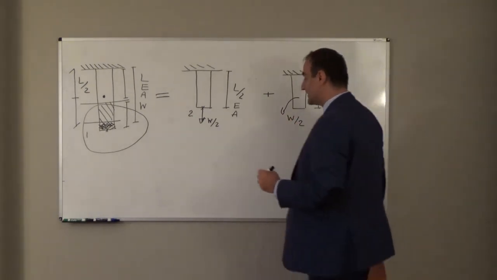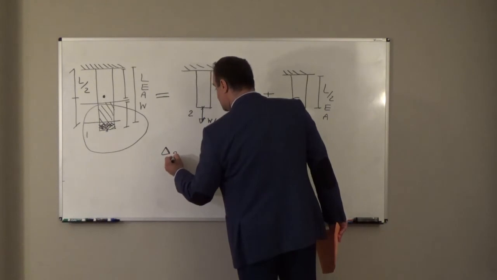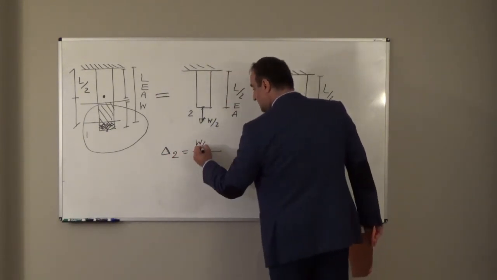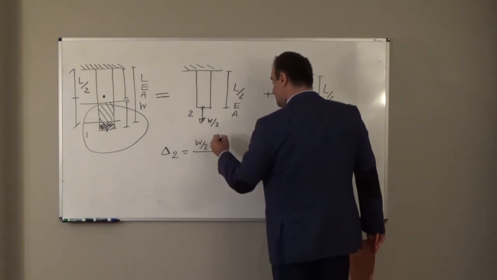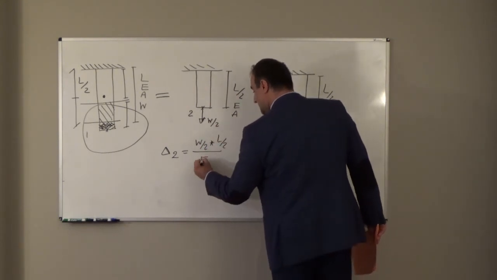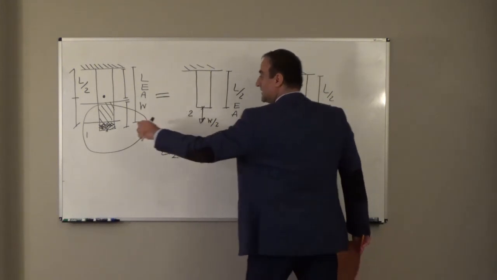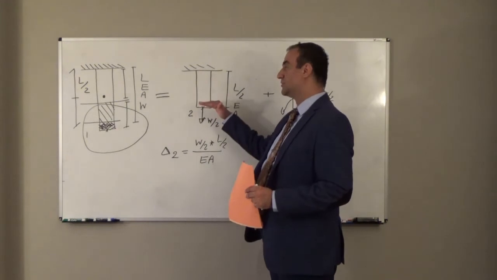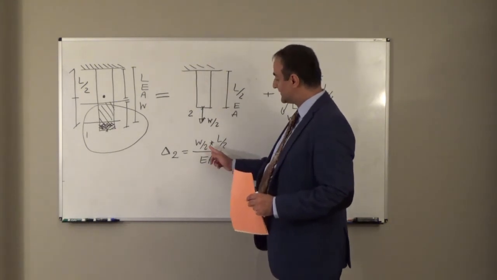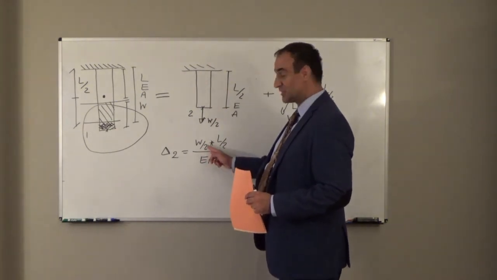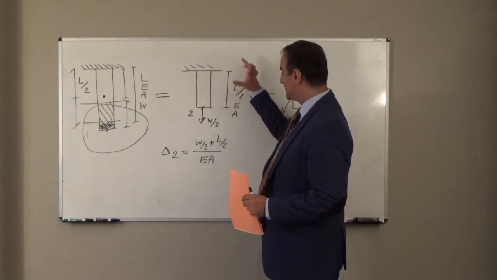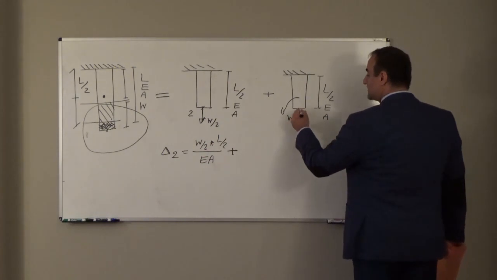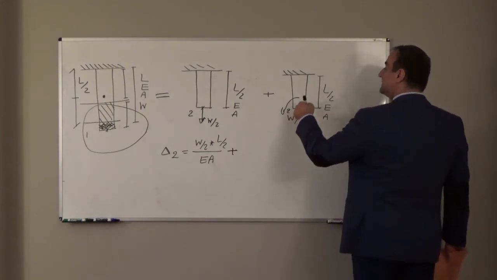So the total deformation delta 2 will be equal to W over 2 times L over 2 over EA, because the weight of this part is similar to an external load on the top part. That is because of the force or external load times the length divided by EA. Plus, we still have deformation at point 2 because of the self weight of the top part.